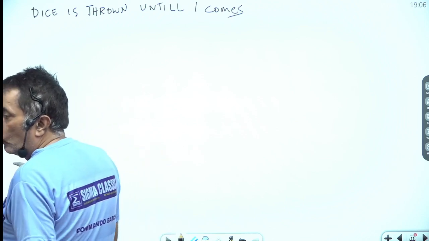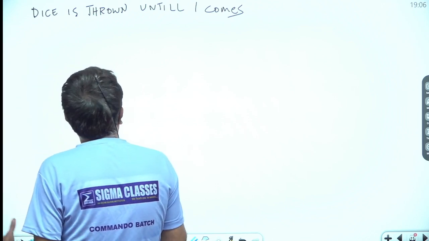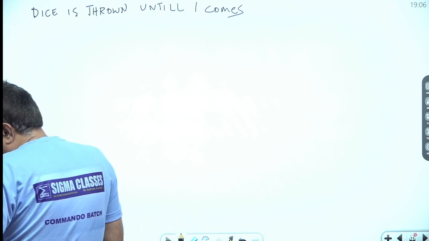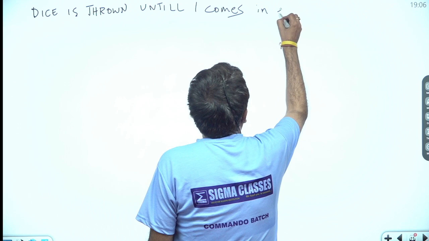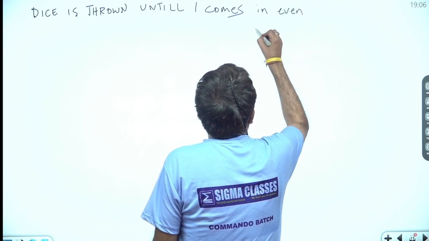A dice is thrown and until 1 comes, you continue the game, and in even number of trials.